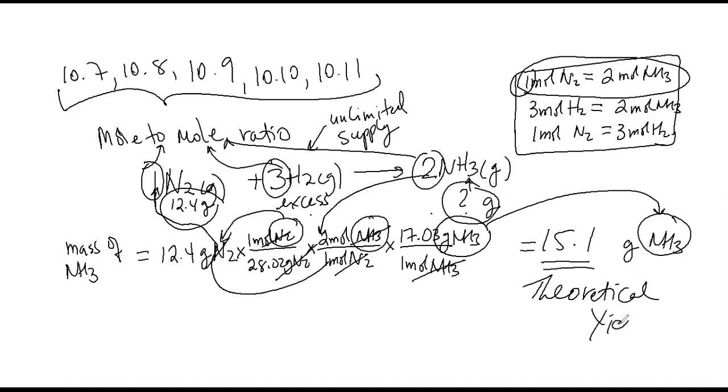So this is, guys, in the perfect world, theoretical yield. If your reaction converts 100% from these elements into this compound, you must get no more. This is the maximum you can get. 100% will be 15.1 grams.